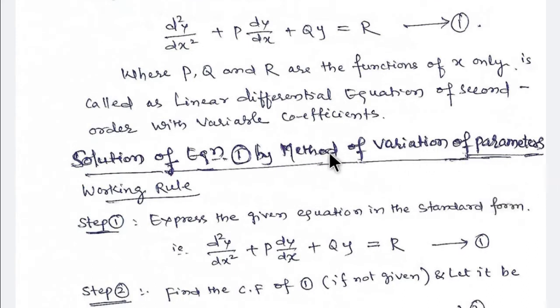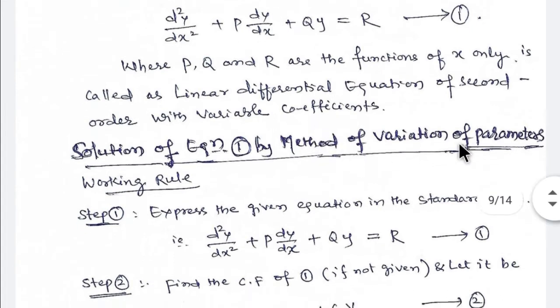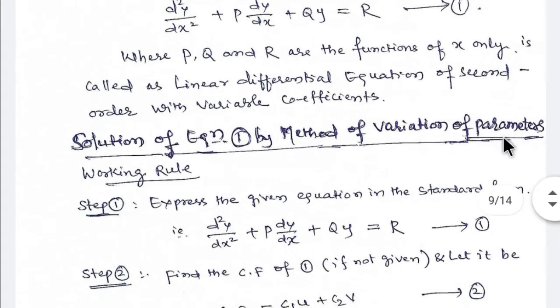This is the only method mentioned in the syllabus. I want to explain how to solve this second order linear equation with variable coefficients, equation 1, by the method of variation of parameters.